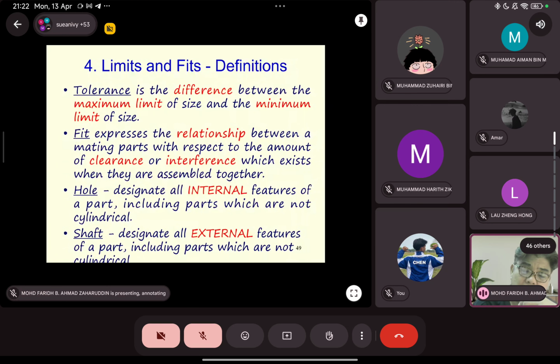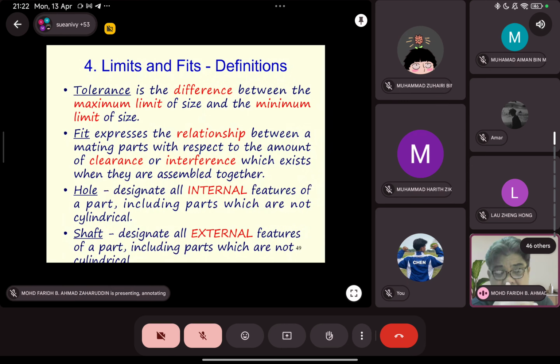All right. So as we know, the tolerance is the difference between a maximum limit and the minimum limits. Okay, if it cuts off, then I will give you the new link. Now, fit is the relationship between mating parts with respect to the amount of clearance and interference.